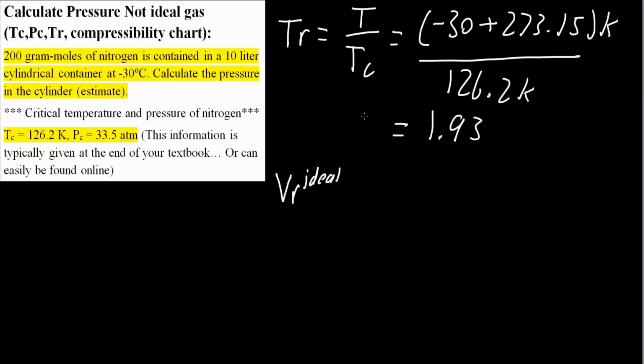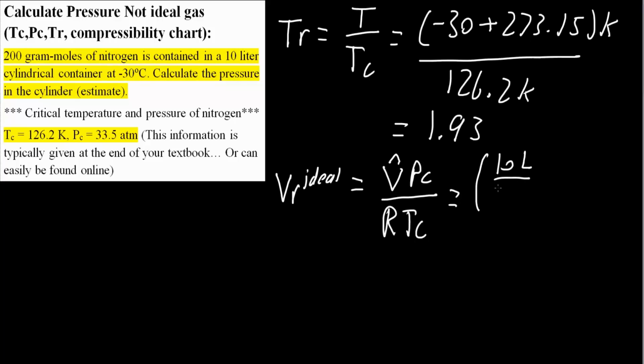Next, we will calculate VR ideal. With these two pieces of information, we can get the compressibility factor, which is Z. VR ideal will equal V hat times PC divided by R times TC. V hat, we could essentially say is liters over moles. So we have 10 liters divided by 200 moles, times PC.